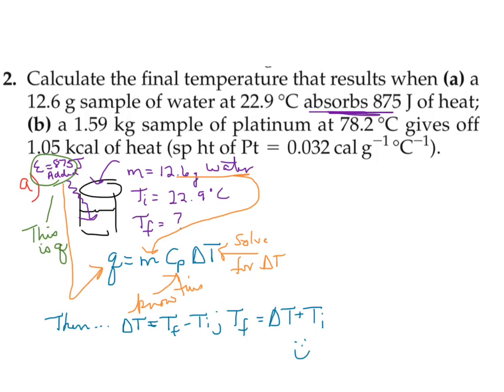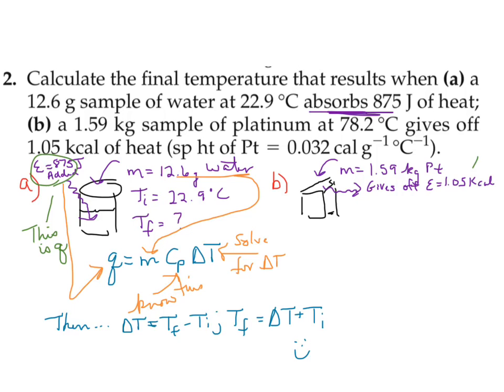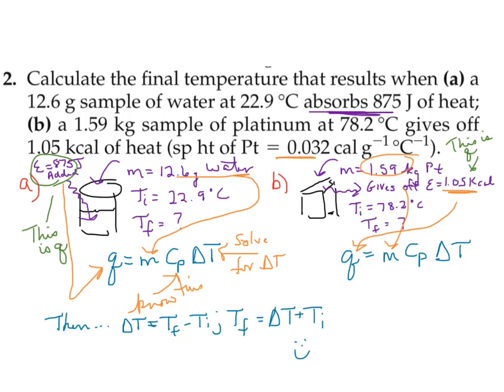The second one, the B part, now it's dealing with not water, but platinum. It gives you the specific heat of platinum. It gives you the mass in kilograms. Remember to convert those to grams. And it gives you the Q again. It says that it's giving off 1.05 kilocalories of energy. So the T sub F is going to be less than the T sub I, isn't it?